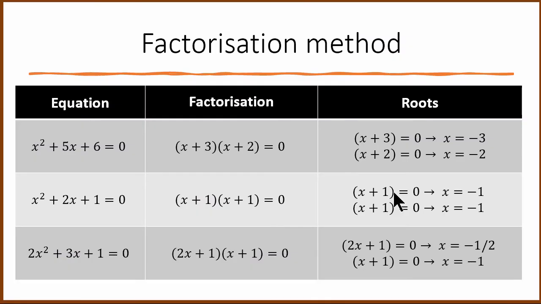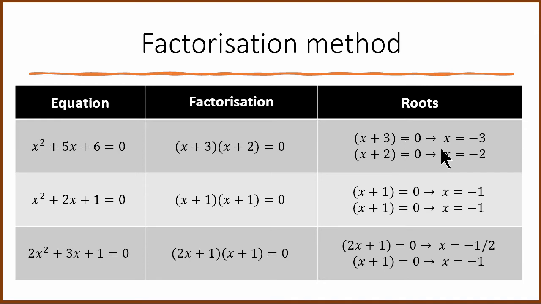Let's look at the factorization method. What's the factorization method? You have an equation like this, x squared plus 5x plus 6 equals 0. We convert it into this form like (x plus a)(x plus b) equals 0. And then we equate each of them to 0. So in this case, x plus 3 we equate to 0, x plus 2 we equate to 0.